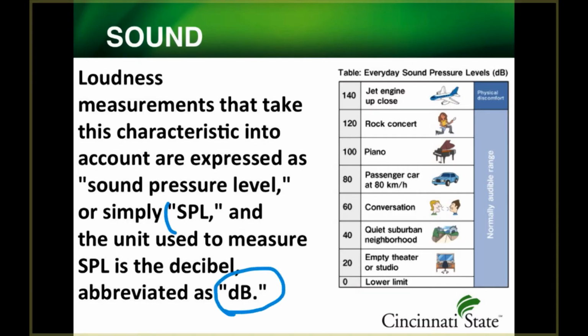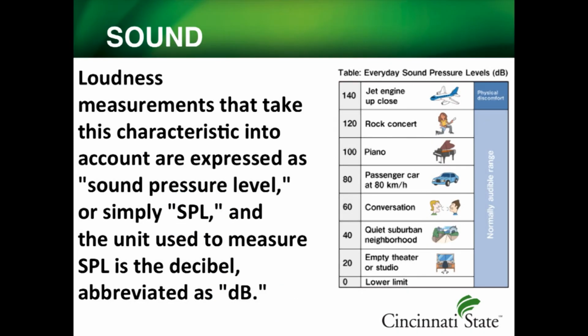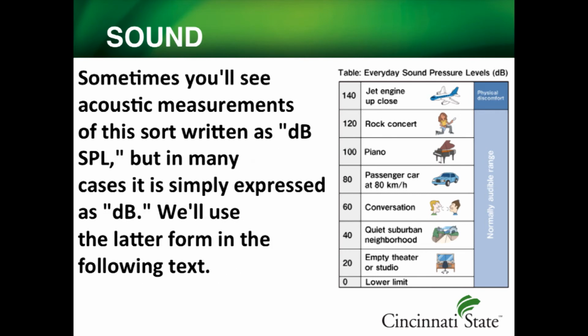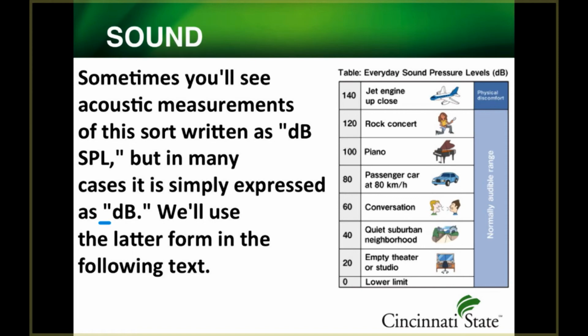Occasionally you will see SPL on things, but dB is by far the most common standard for measuring these things. Sometimes you'll see acoustic instruments with this written as dB SPL, but in many cases it is just going to be dB. And so pretty much from now on in this class, I'll be referring to everything as good old-fashioned dB.